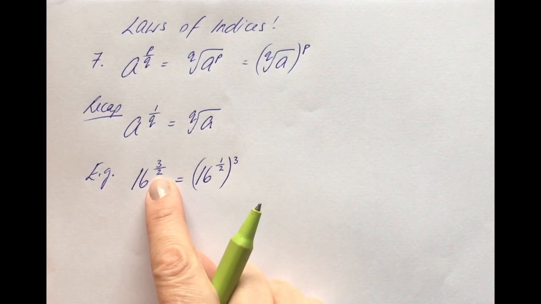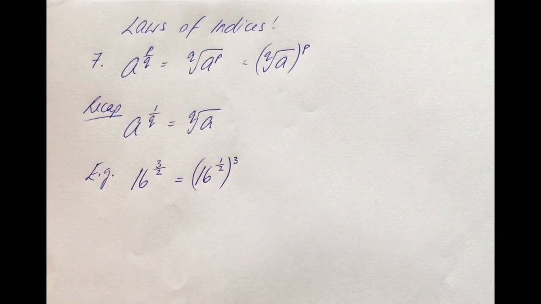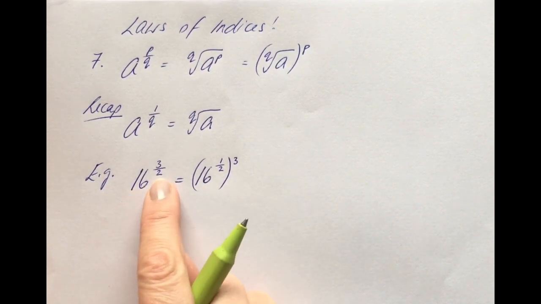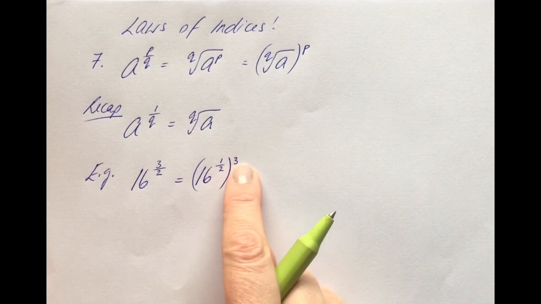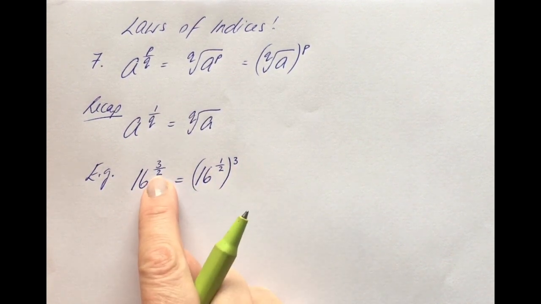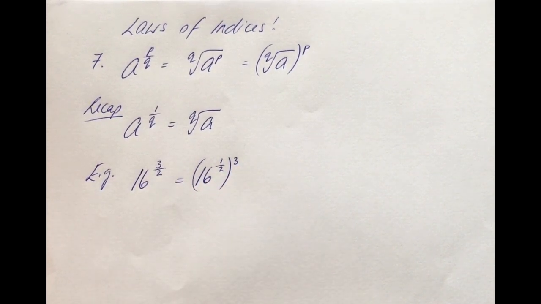Of course, 3 over 2 is the same as 3 times a half, or a half times 3, isn't it? So that is equivalent to that. Writing it as 16 to the power of 3 over 2 is the very same as 16 to the power of a half all to the power of 3, because a half times 3 is, of course, 3 over 2. And that is always how you would simplify a power to a power, remembering our 3rd law of indices.